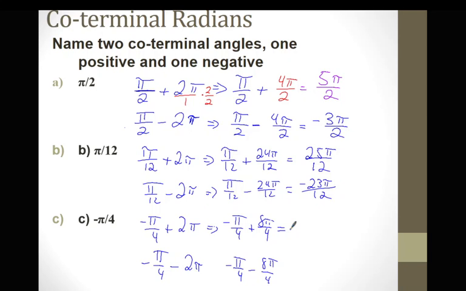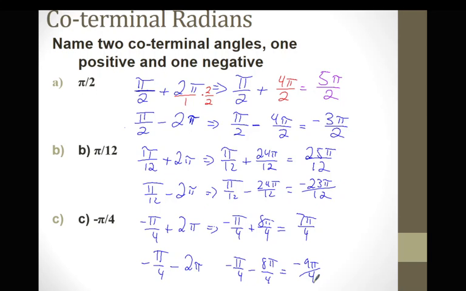Negative 1 pi plus 8, that's 7 pi over 4. And negative 1 pi minus 8 more, negative 9 pi over 4. And that's the end.